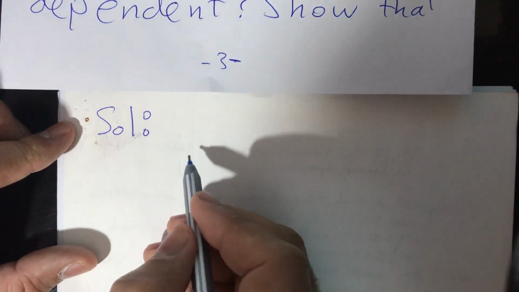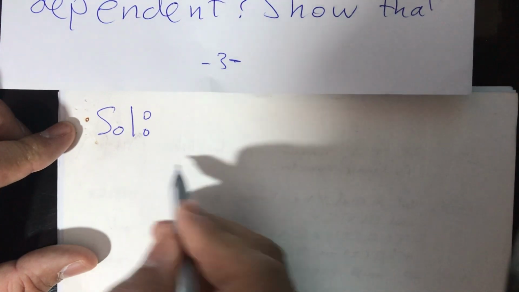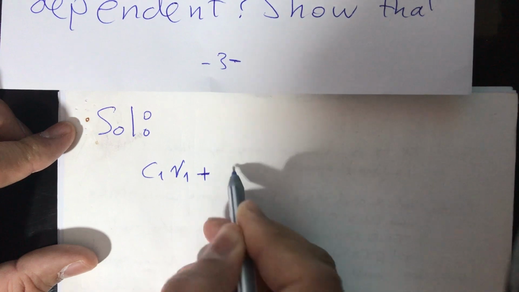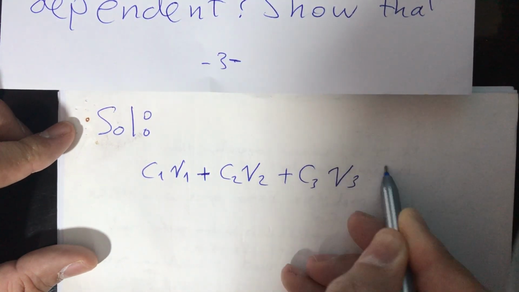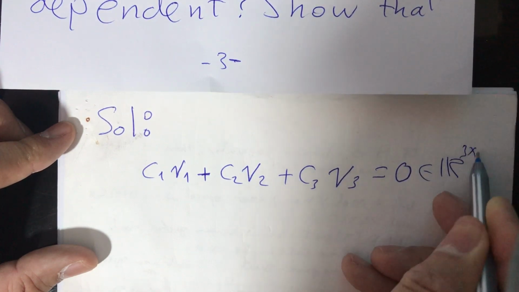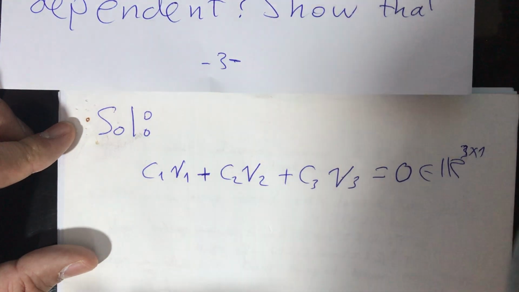We can take the first linear combination of these vectors equal to 0: c1 v1 plus c2 v2 plus c3 v3 is equal to 0, and this 0 belongs to R3, because these vectors v1, v2, v3 are in R3.